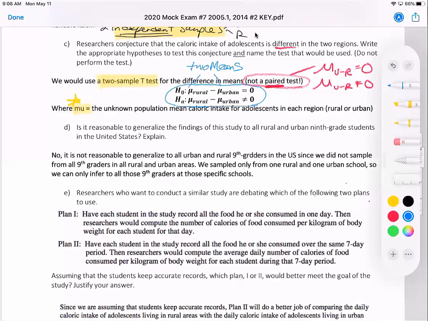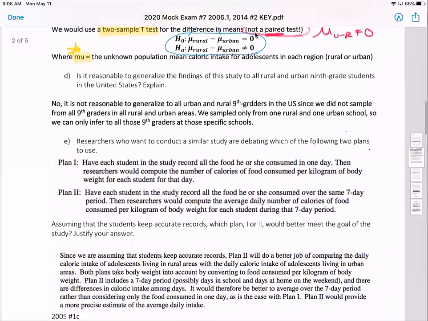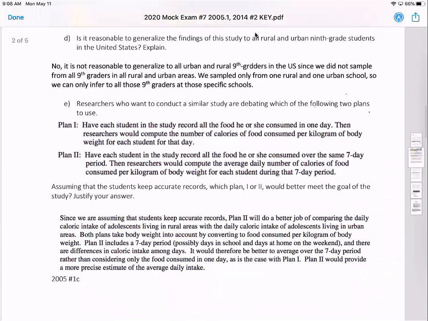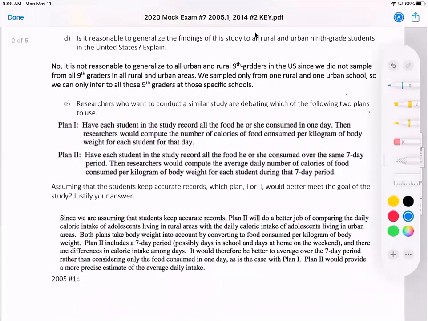Letter D and E were both actual questions from the AP exam when this question originally appeared. So is it reasonable to generalize the finding to all urban or rural 9th grade students in the US? And I hope you said no. If you left it at that, you probably won't get full credit. You need to explain yourself.